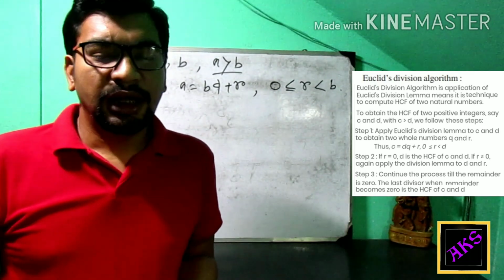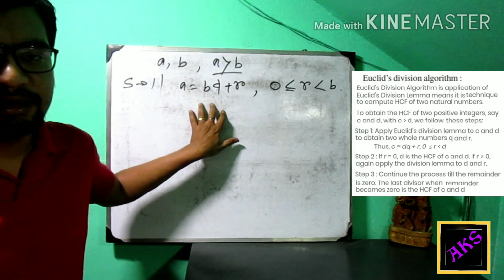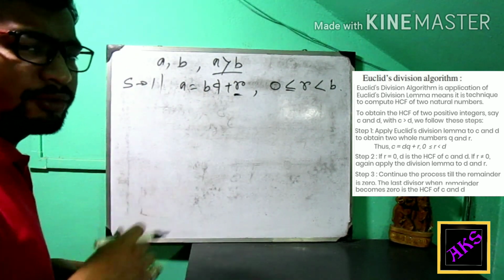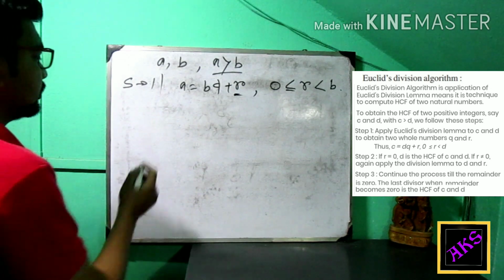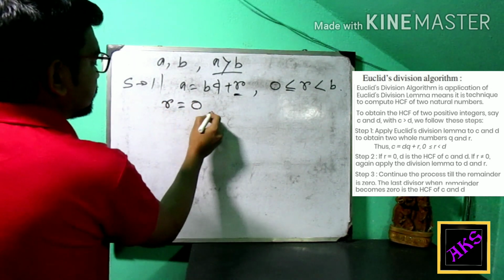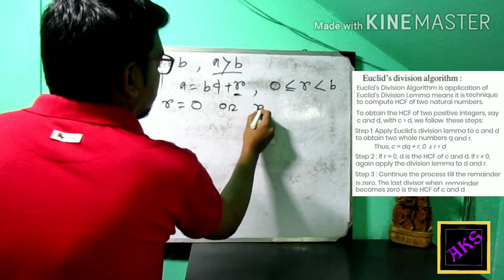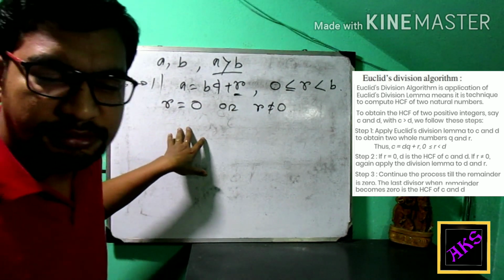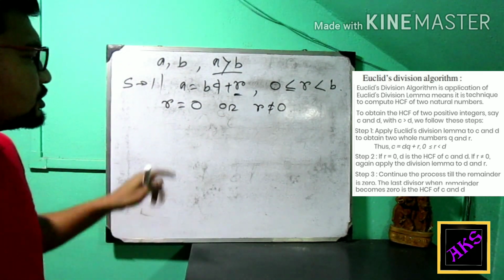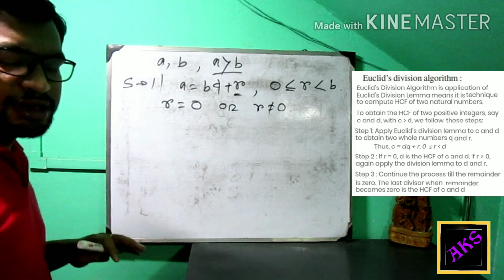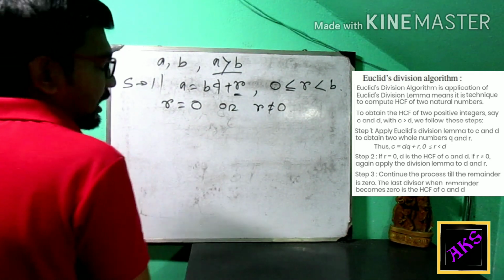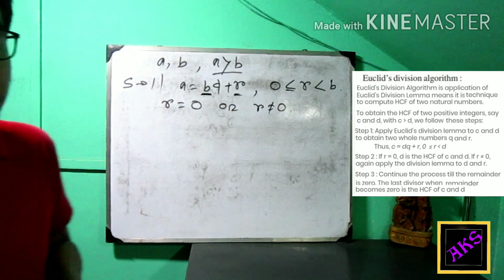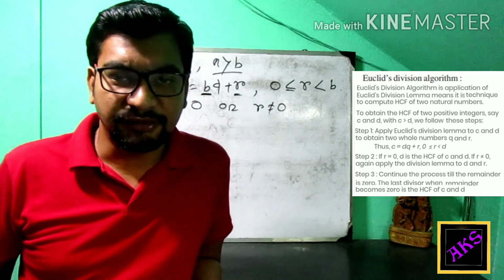Okay. Now, here arise two cases. Either this r can be equal to 0 or not equal to 0. Now, what happens when r equal to 0? If r equal to 0, then the process stops and we will have our HCF as b. That means b will be called our HCF.